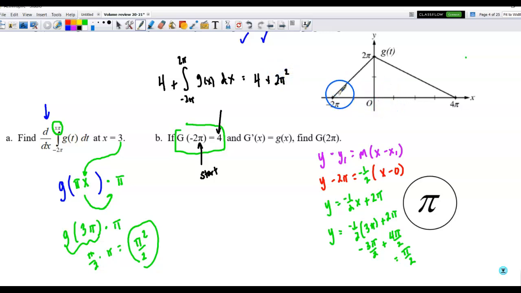I don't trust myself doing arithmetic in my head. So 2 pi times 2 pi is 4 pi squared, and half of 4 pi squared is 2 pi squared. Okay. And then the area of the other triangle is going to be 4 pi by 2 pi. 4 times 2 is 8 pi squared. Half of 8 is 4, so that's going to be 4 pi squared. So that's going to be 4 plus 6 pi squared.